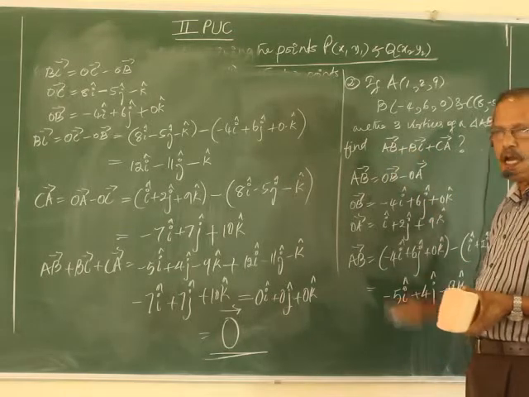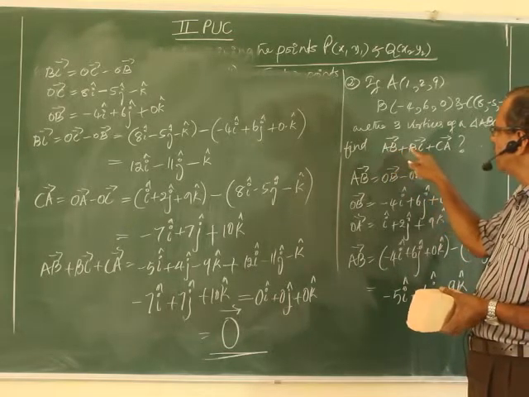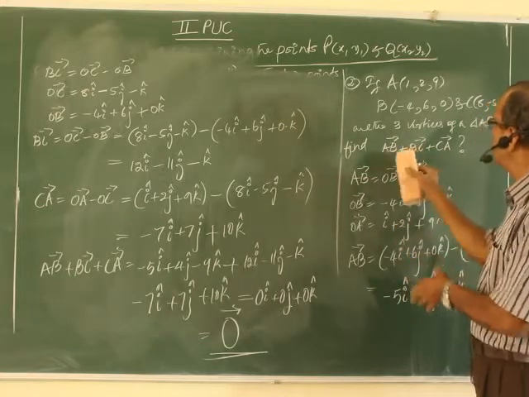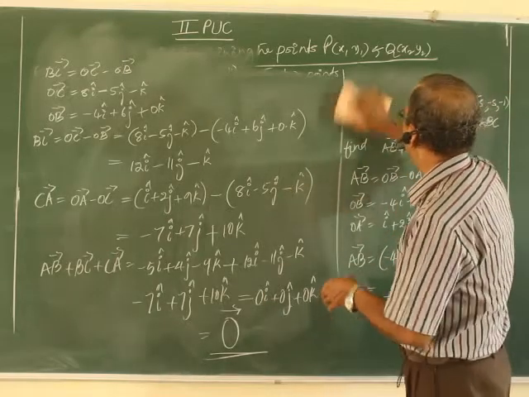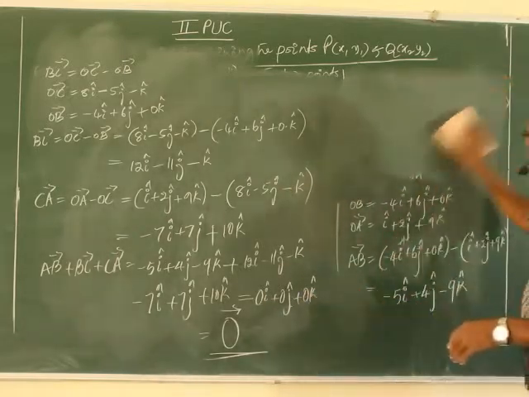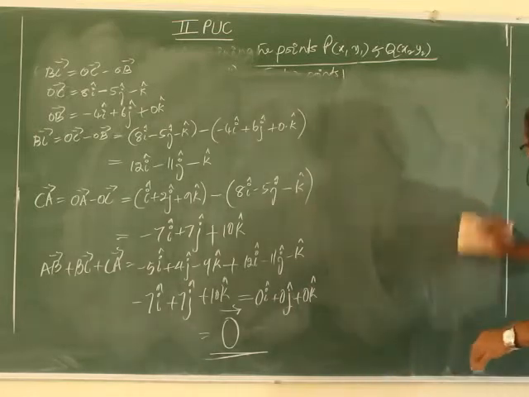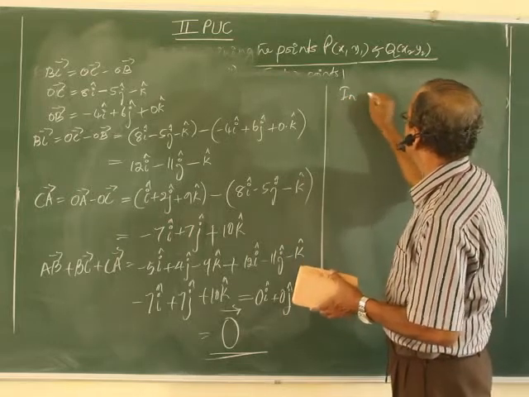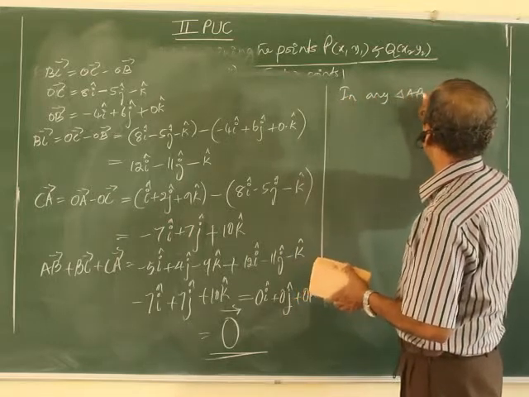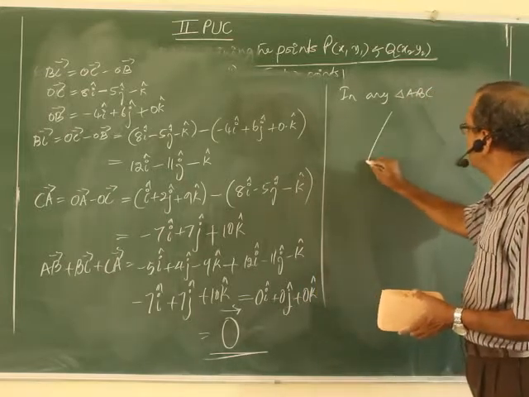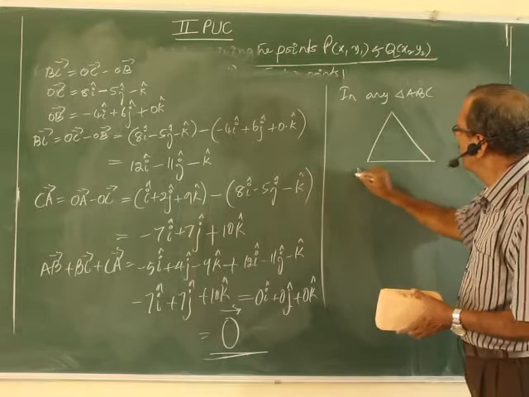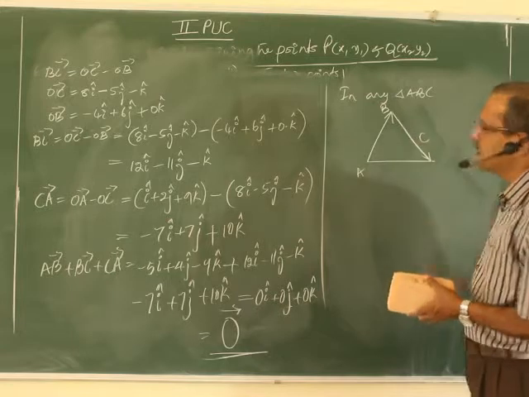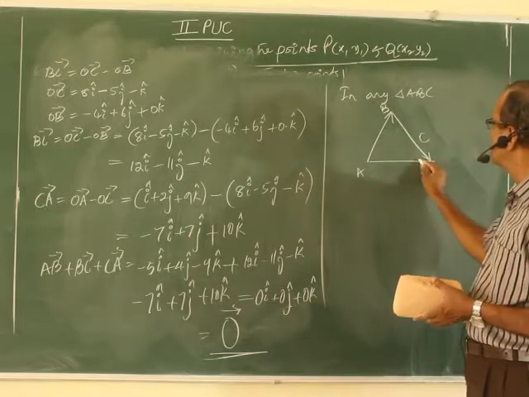The end point of the first vector B coincides with the initial point of the second, so this vector is AC. Whatever the coordinates of the points in any triangle ABC, AB plus BC should be equal to AC, no?